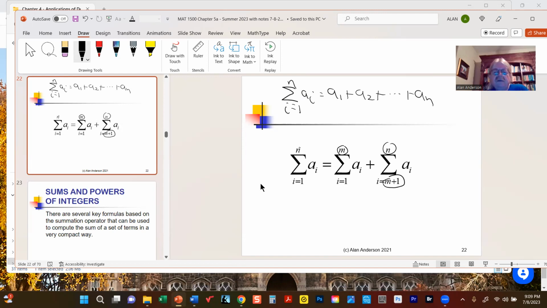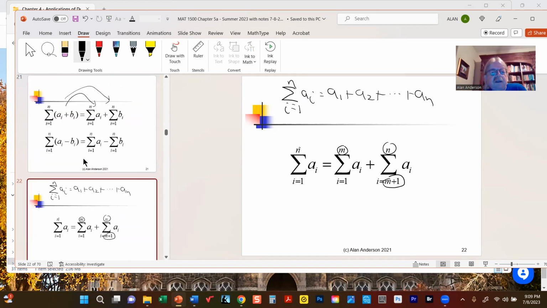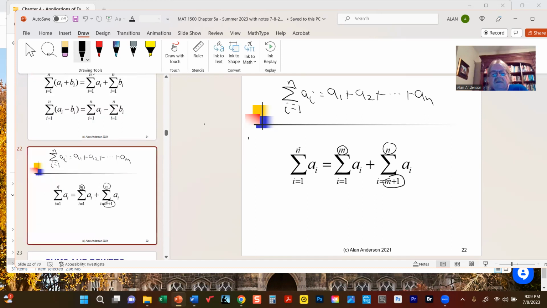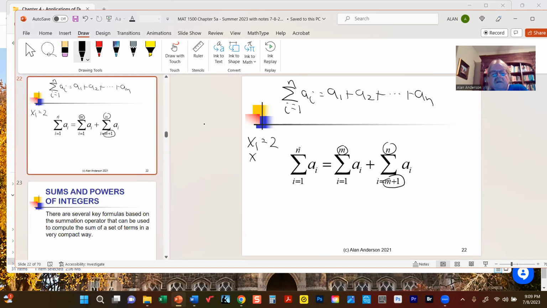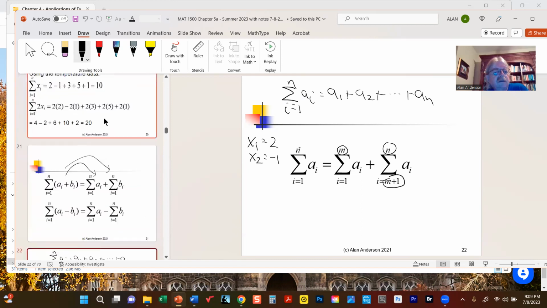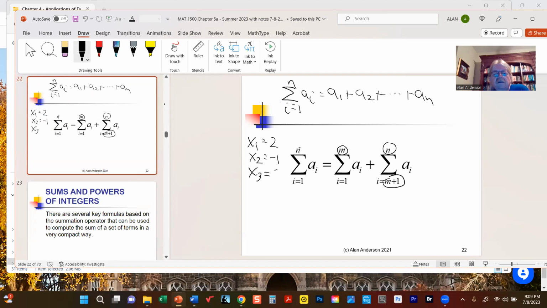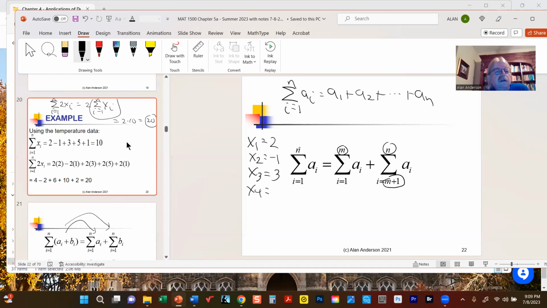So why don't we do an example here? Using the data that we've been using, 2, -1, 3, 5, and 1.